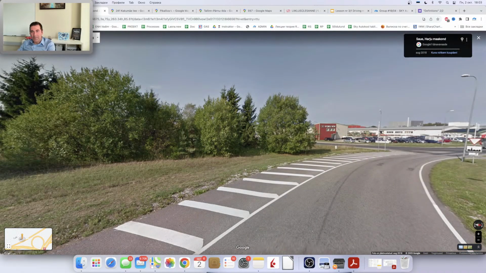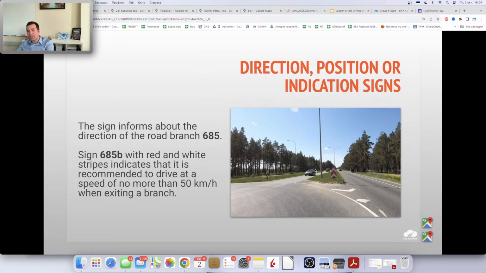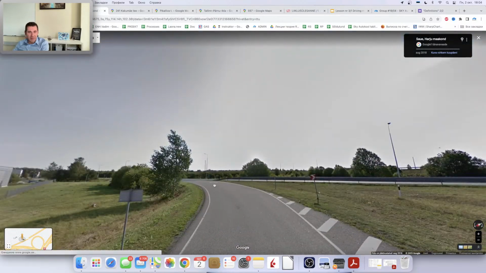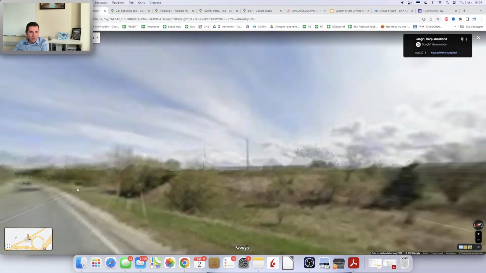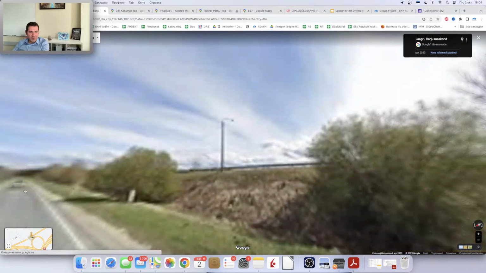But which road does that sign apply to? It's usually applied on the highway. And do they place the sign mainly to the right of the road, or could it also be on the left? No, they put the sign in the place where the road is divided into two. Let's go a little bit back to the previous example to make it more understandable.